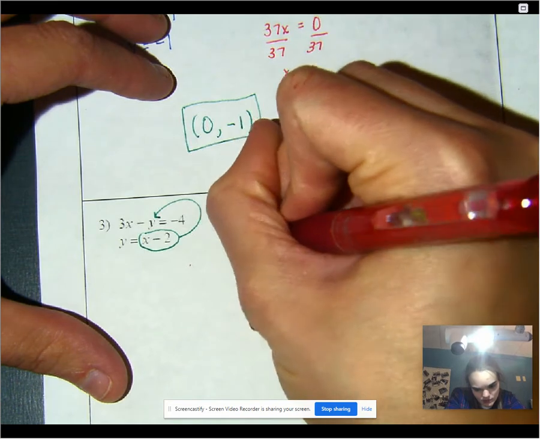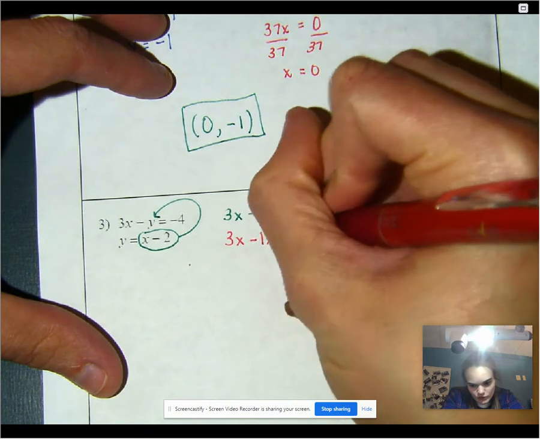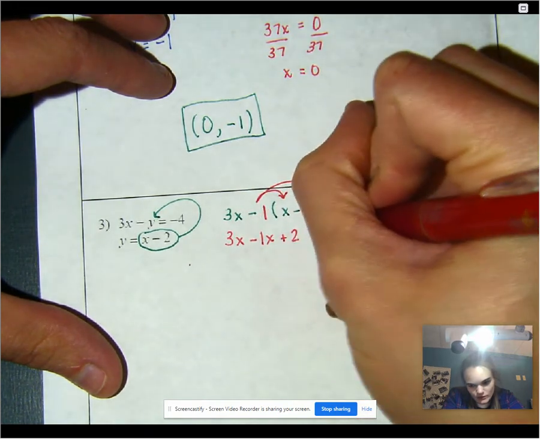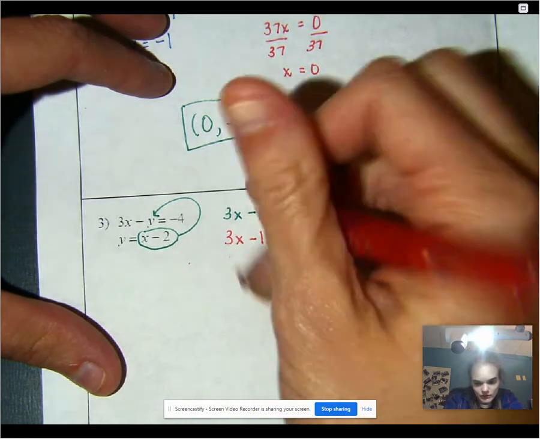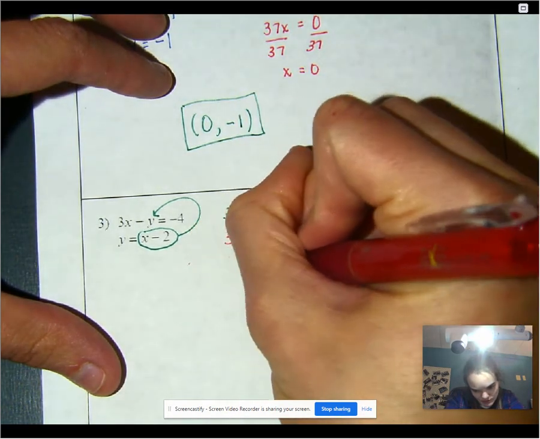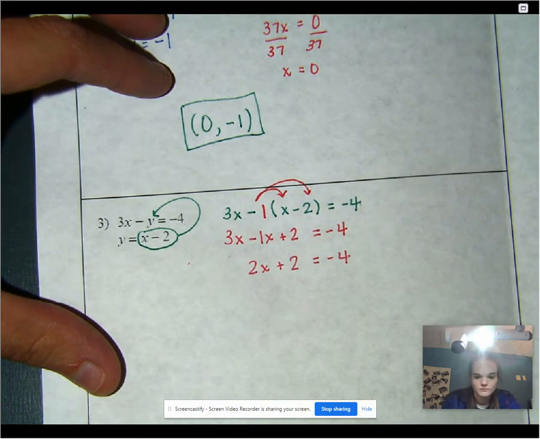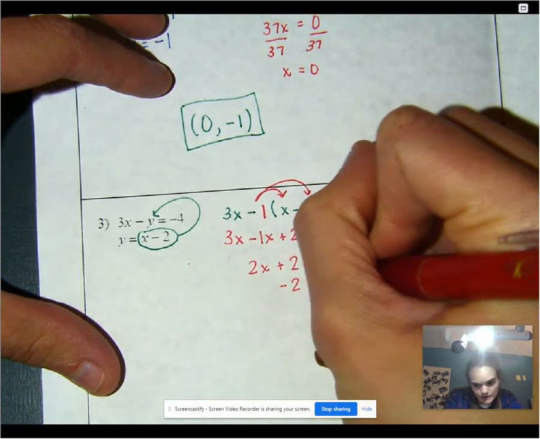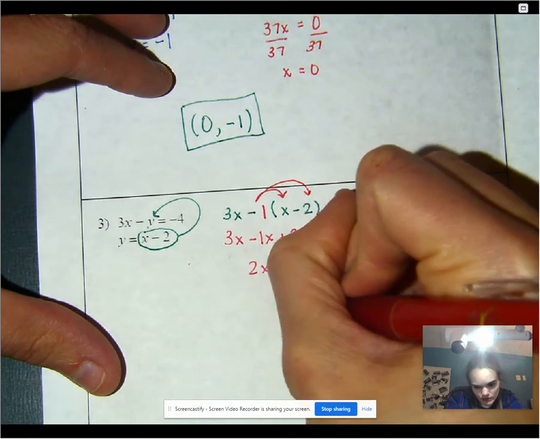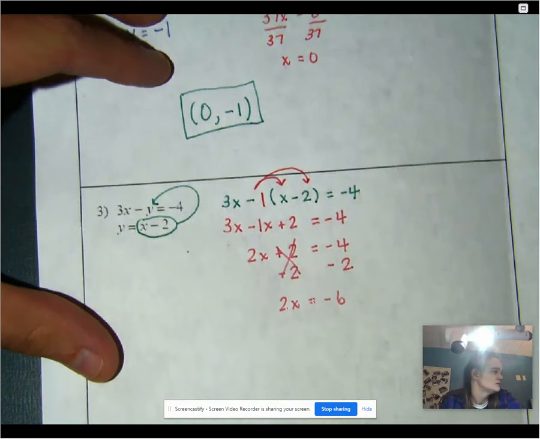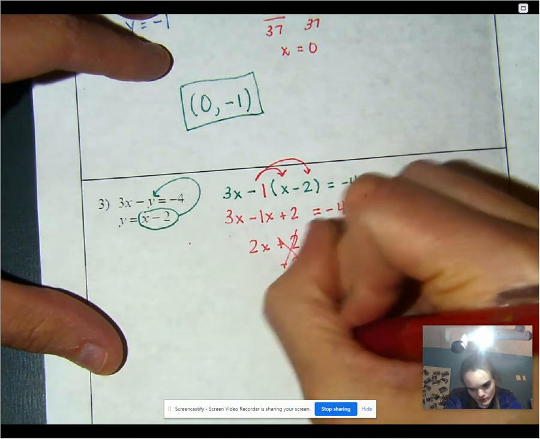So negative 1x, or just negative x, plus 2 equals negative 4. 3x minus 1x is 2x. Bring down plus 2 equals negative 4. Subtract 2. 2x equals negative 6. Divide by 2. x equals negative 3.